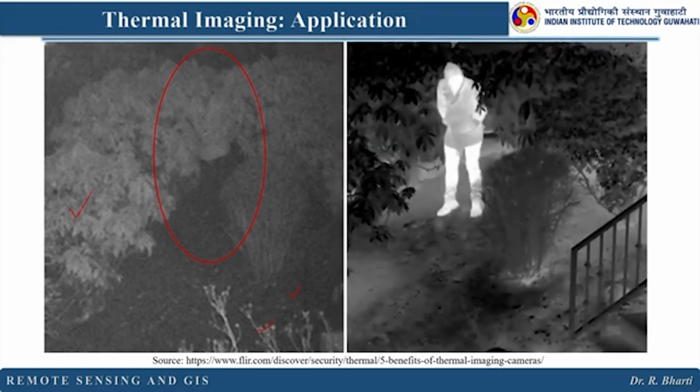Now, when we have thermal infrared images, what extra information do we have? We have the hidden person who was camouflaged here. It was not visible here, but here it is very evident that there is a person hiding. So this can be used as a night vision camera.